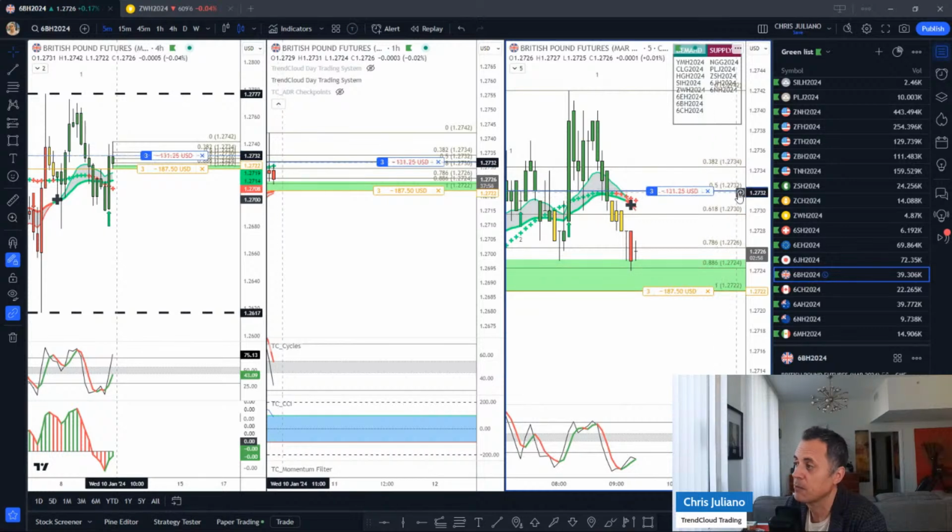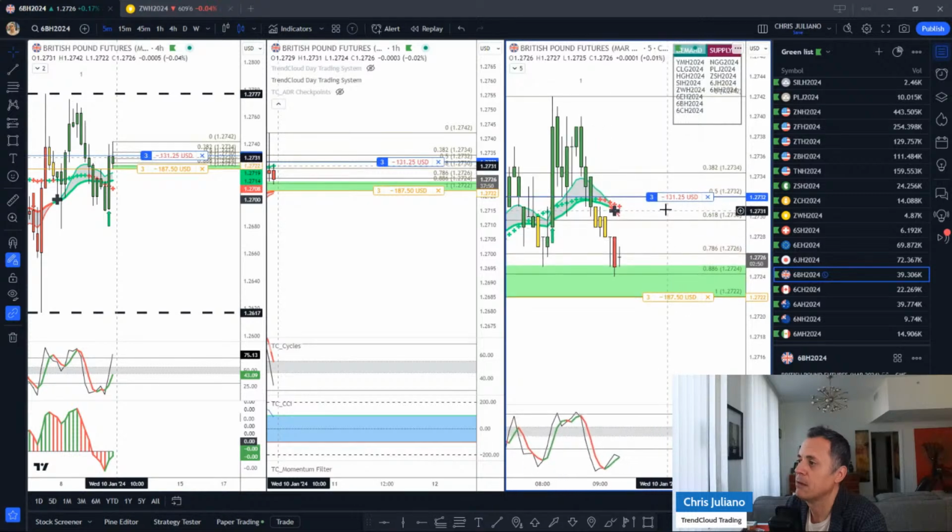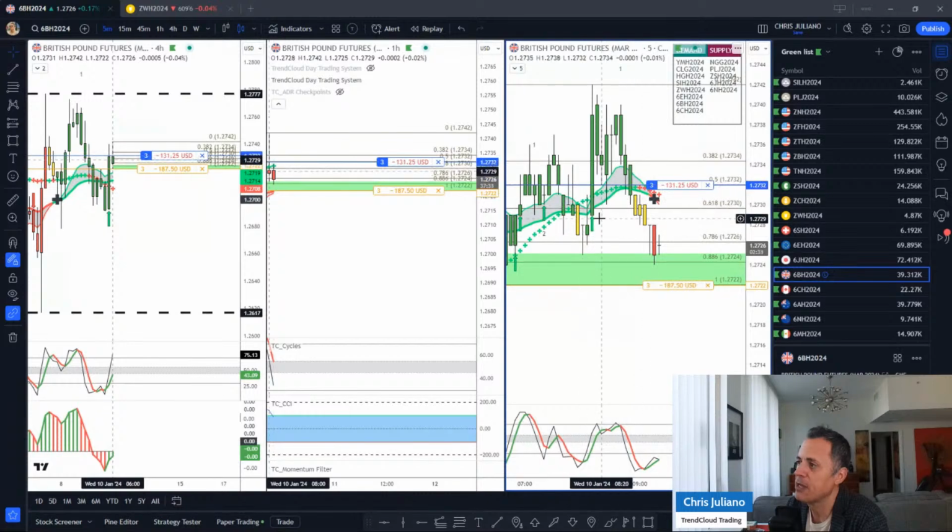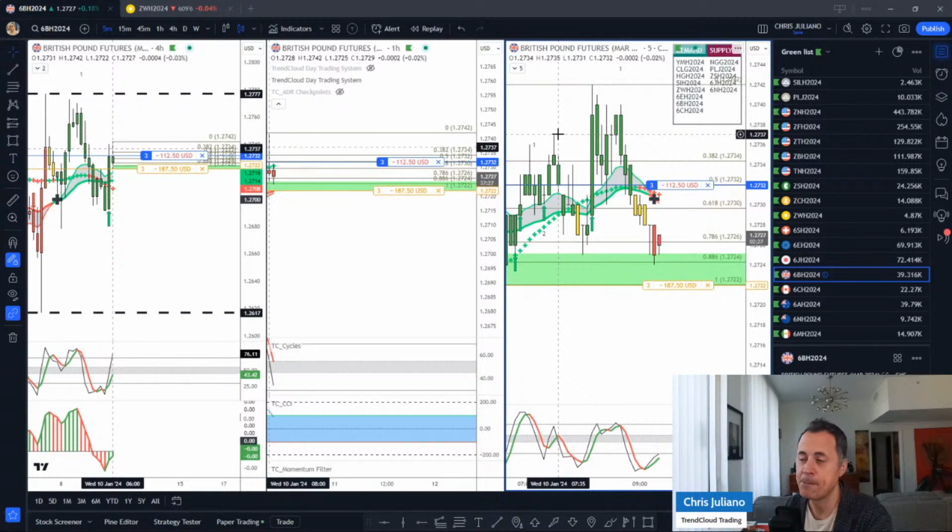I took a 50% retracement level, which was a TrendCloud signal. Here's the TrendCloud signal right here on the 5-minute chart. But because the candle was so wide, I said, okay, let me start looking for entry points in this area. And I was looking at this drop base rally, because TrendCloud is momentum based.